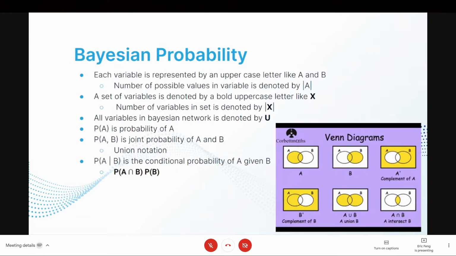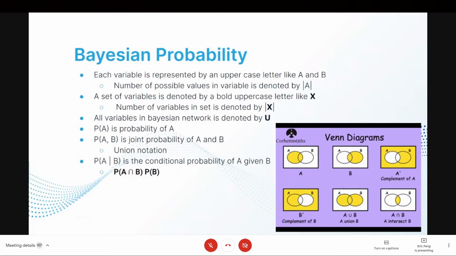The variable can hold whatever it is, like for age, it would be the age of that person. Then we have a set of variables, which is denoted by a bold uppercase letter like X. And the number of variables in a set is denoted by pipe X pipe, which is just the number of variables in the set.